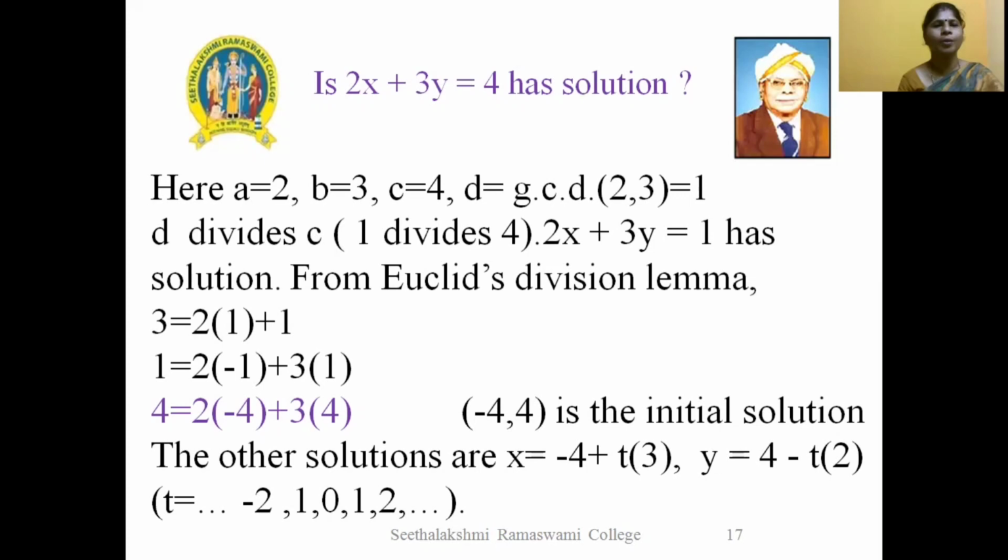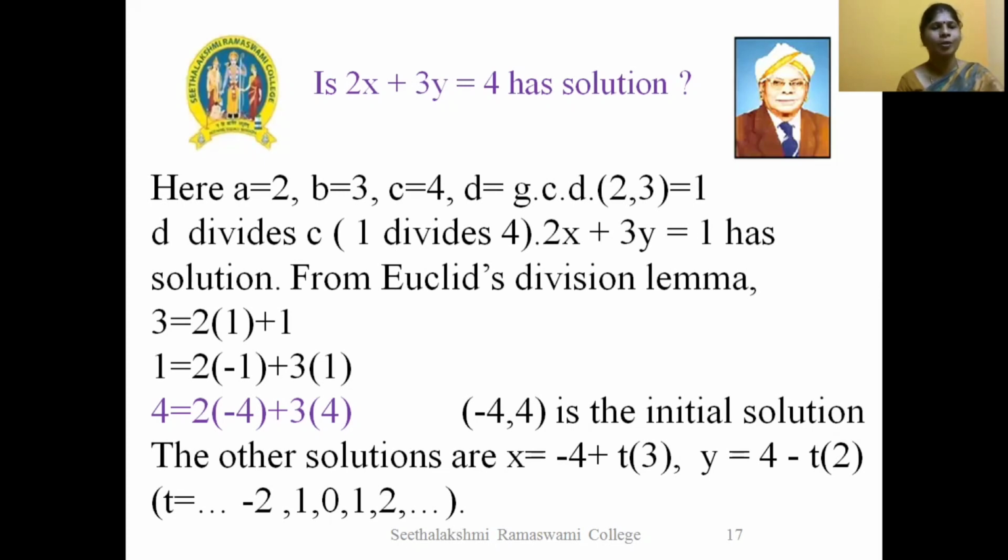Here, a is equal to 2 and b is equal to 3. From Euclid's division lemma, 3 can be written as 2 into 1 plus 1.